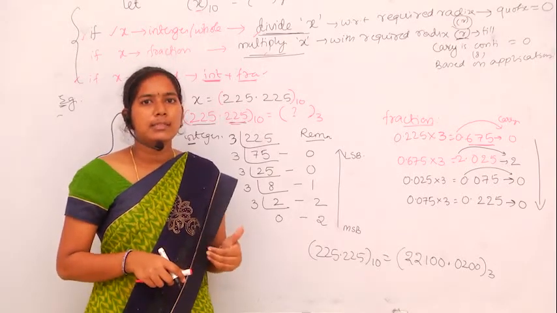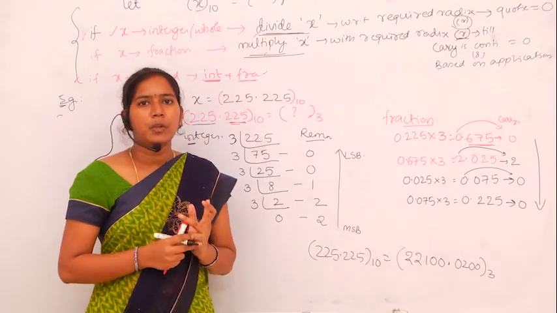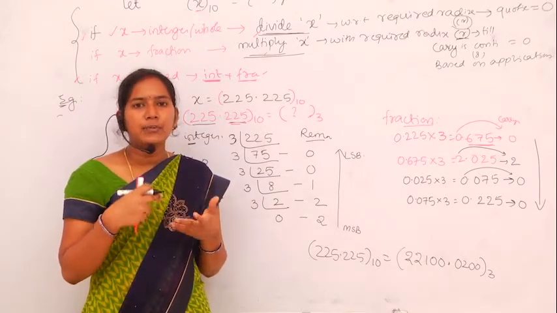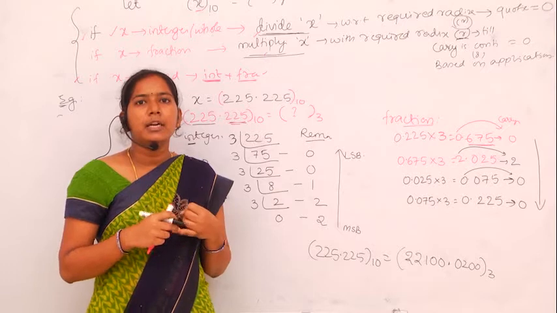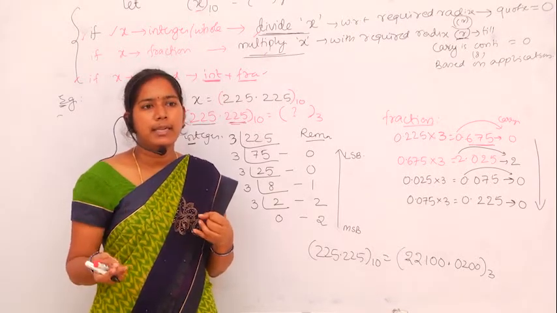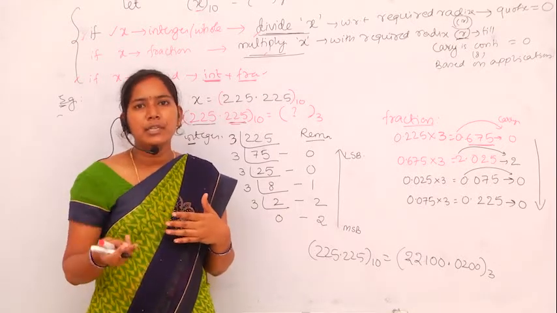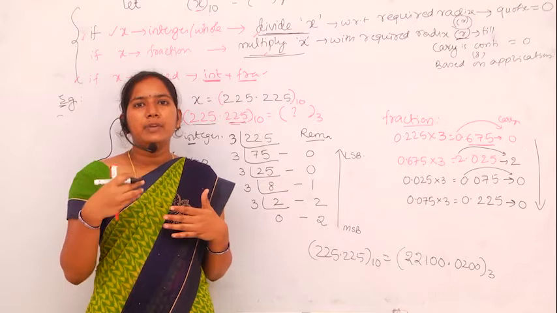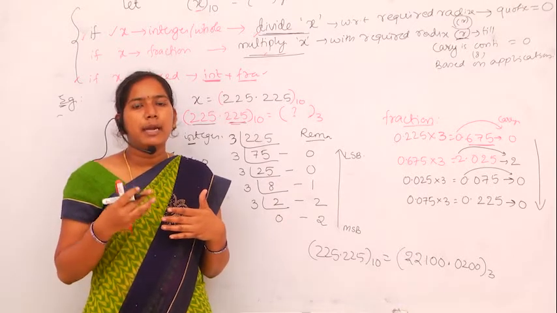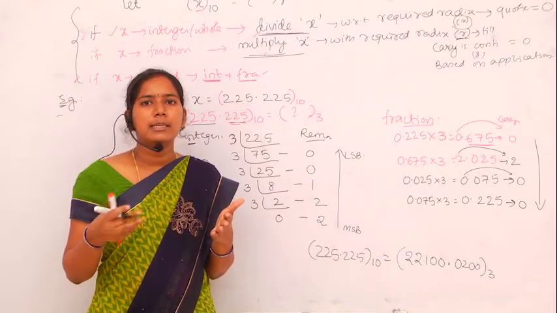But while doing this conversion, the only thing is we need to check the number, what type it is. If it is a fraction number, do the multiplication with respect to the radix. If it is an integer, do the division with respect to the radix, and if it is a mixed number, do both the integer part and fraction part separately.